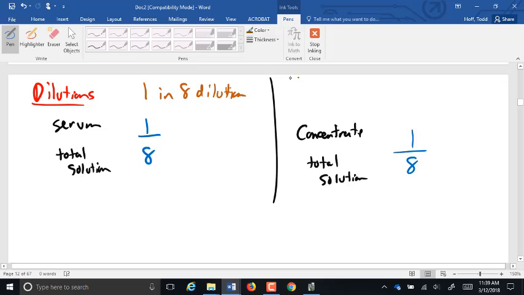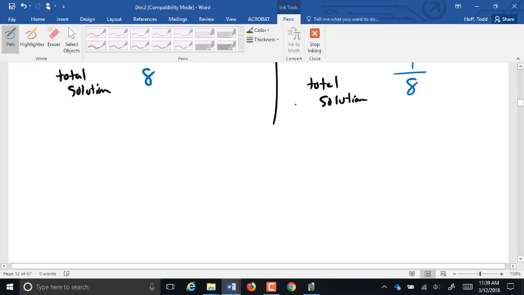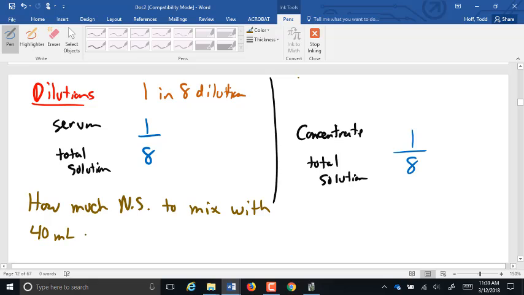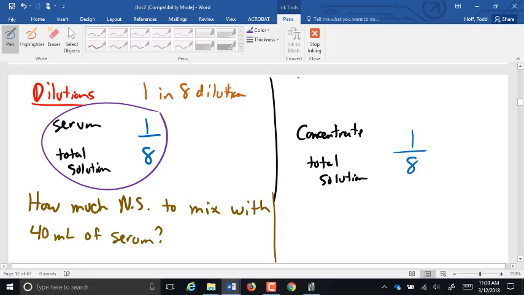For the 1 in 8 dilution of serum into total solution, let's say we want to know how much saline to mix with 40 milliliters of serum. Well, we have that 1 in 8 dilution, but remember that it is serum to total solution.